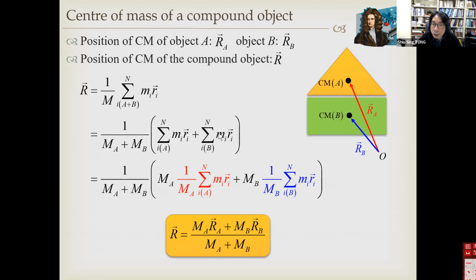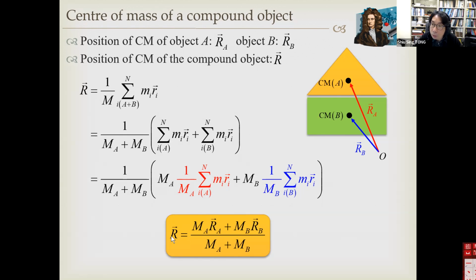And similarly, for the sum over object B, I divide and multiply by MB, the mass of object B. And for the total mass of the system, I now write it as the mass of object A plus the mass of object B. Now, when I do this, I realize that the summation of m ri divided by MA over object A is, by definition, the position of the center of mass of object A, while the summation of m ri over object B divided by the mass of object B is just the position of the center of mass of object B.